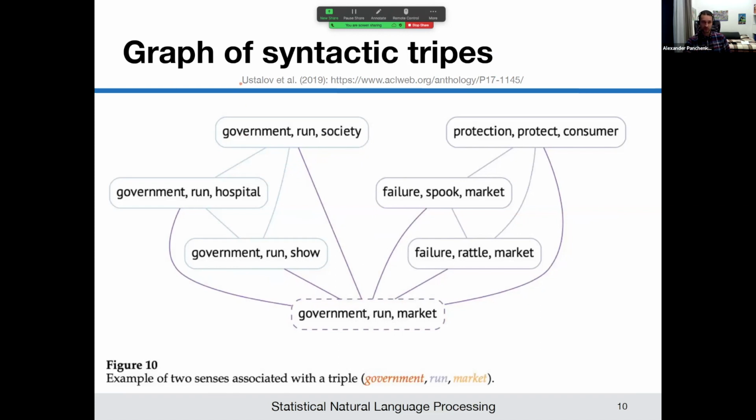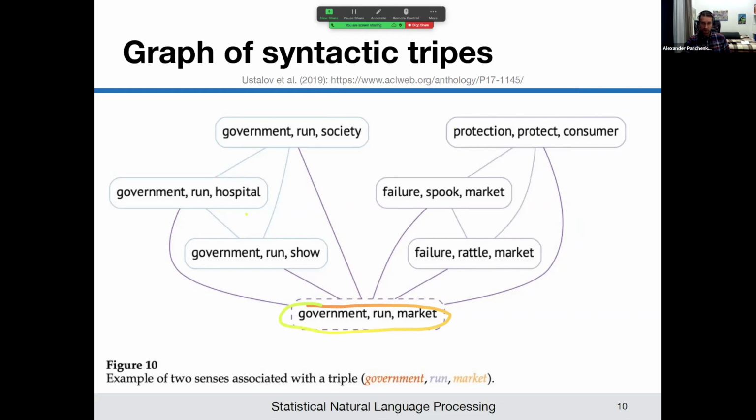In this paper, what we showed with Dmitry earlier is that you can build graphs of syntactic triples, which come from some kind of dependency parser, and then you can perform disambiguation of these triples to perform induction of semantic frames. So if you have an ambiguous triple like government-run market, it can be interpreted in two ways.